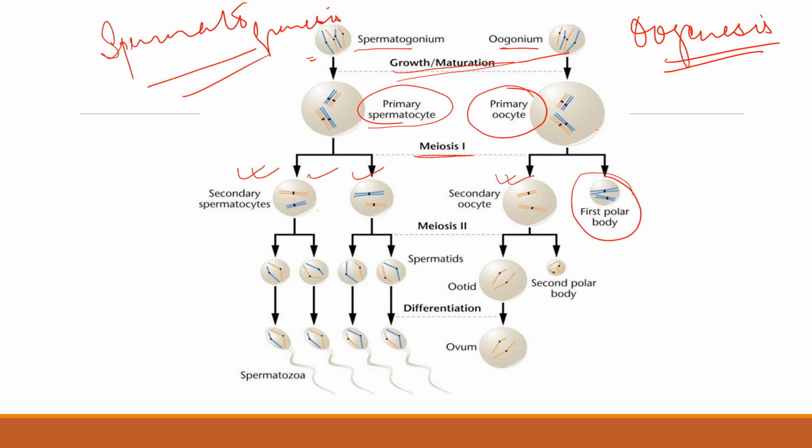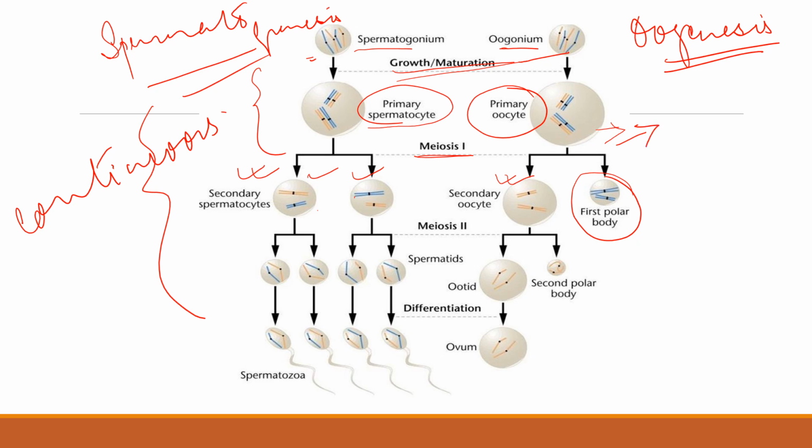But in this phase, it remains arrested till puberty is reached, whereas spermatogenesis starts at puberty and is a continuous process. Oogenesis is not continuous. It is arrested in prophase 1 of meiosis and this phase happens after puberty.